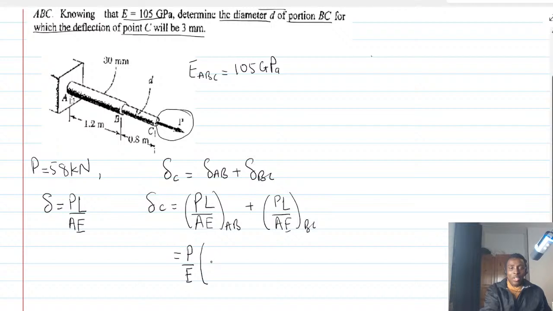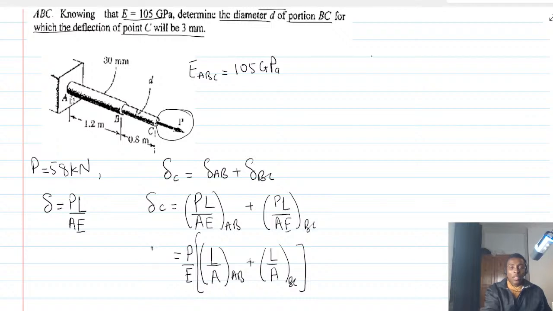So the only thing that will change is the length and the area. All right, so I hope the concept is clear.